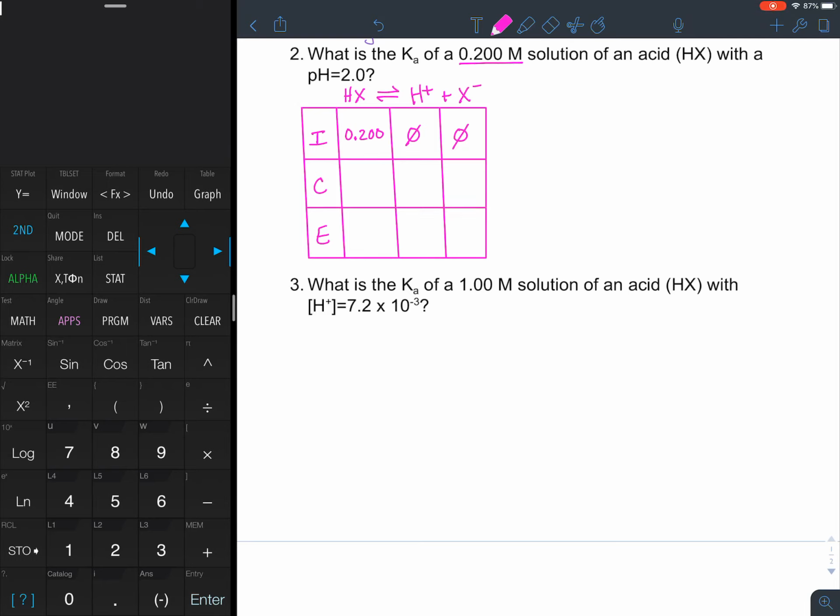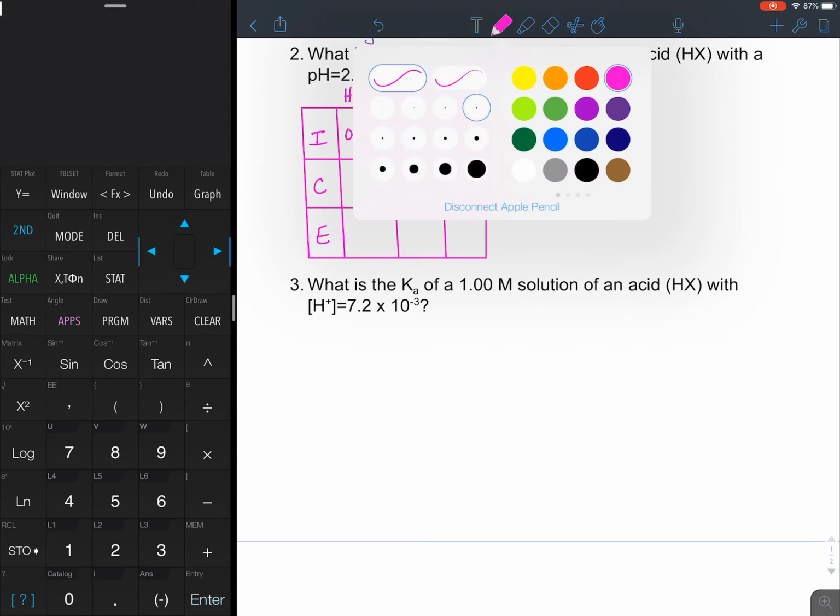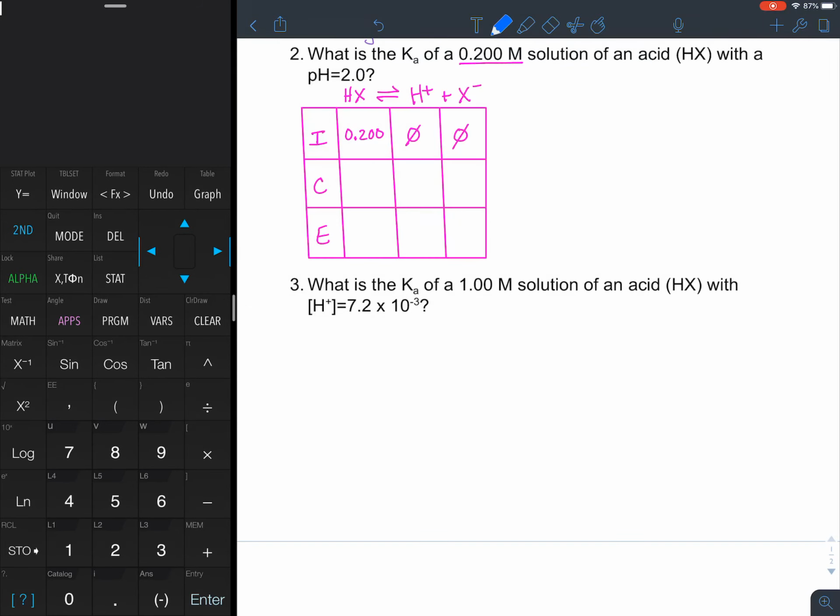We need to know what the change is, and the change is actually determined by the hydrogen ion concentration. In order to determine our hydrogen ion concentration, we have to take a look at the pH. We want to take the hydrogen ion concentration if it's not given to us, and in order to find that hydrogen ion concentration, we have to take 10 to the negative pH, just like we did in our previous calculations.